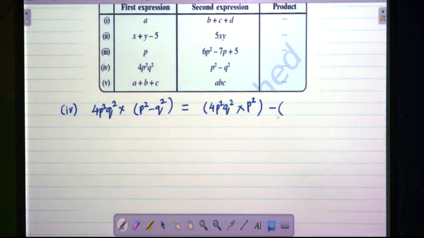I want to remind you again, we have to understand the rules of multiplication and division. Currently, multiplication of integers, what signs will come there? So, it is plus into minus, minus 4p square q square into q square.